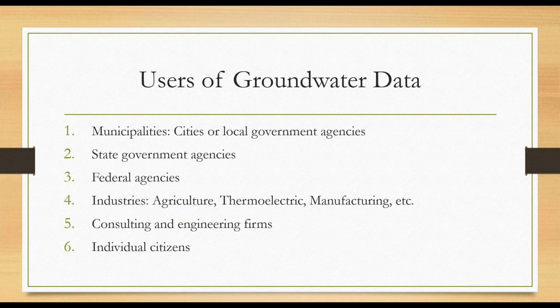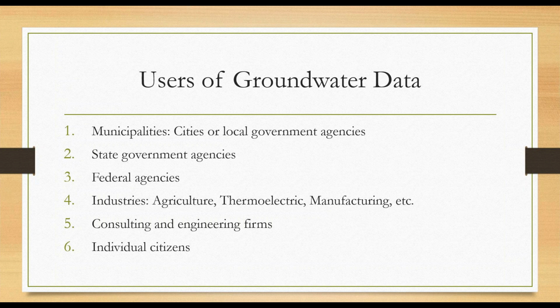We are forbidden to give access to data that has not been approved by our director or has been deemed not available to the public. I could talk a little bit more about that when we get to the database and how we partition out the data that may have a data agreement that might restrict some of the release of that information. And also individual citizens use groundwater data for a variety of reasons.